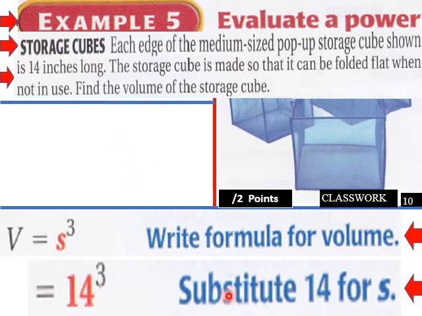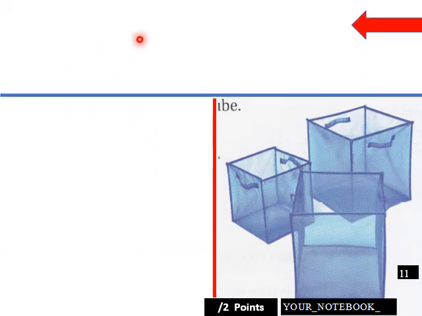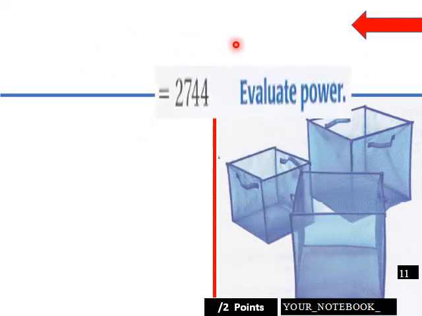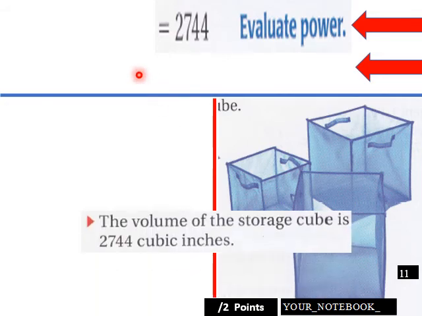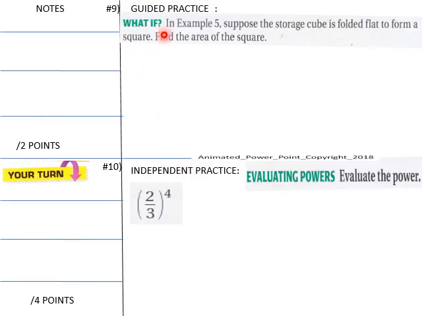So 14 cubed will equal the volume of this cube. Substitute for s. And then what is 14 cubed? It'd be 2744. So that'd be our volume. The volume of the storage cube would be 2,744 cubic inches.